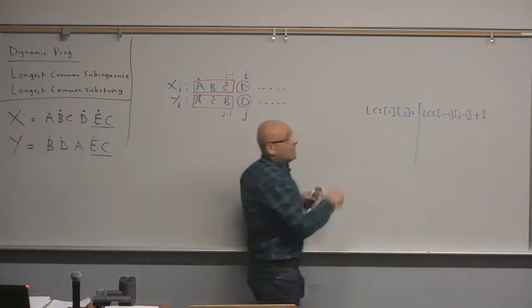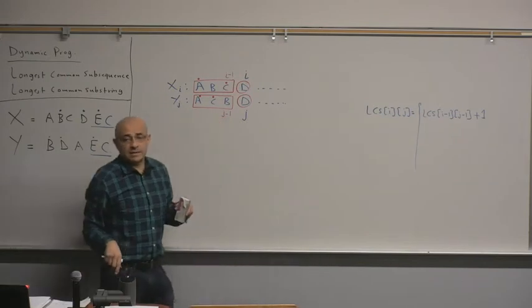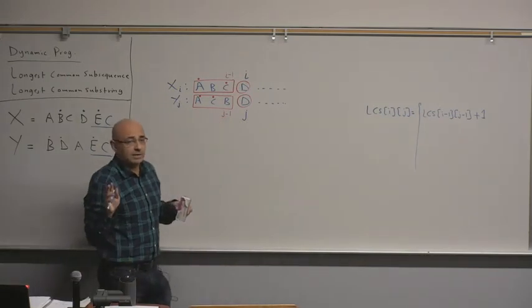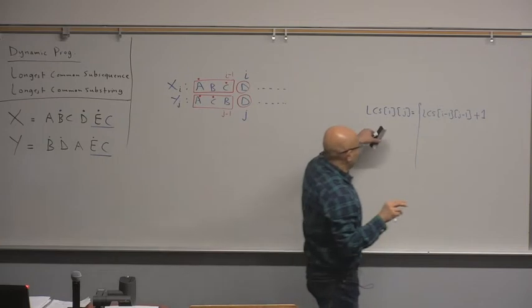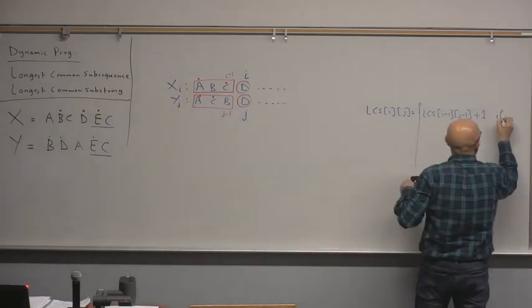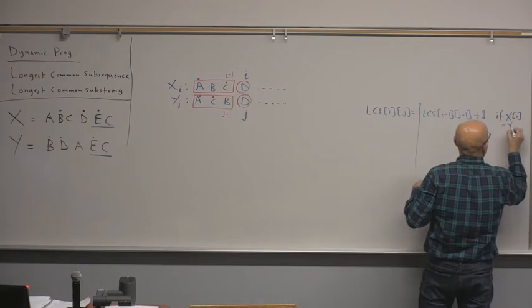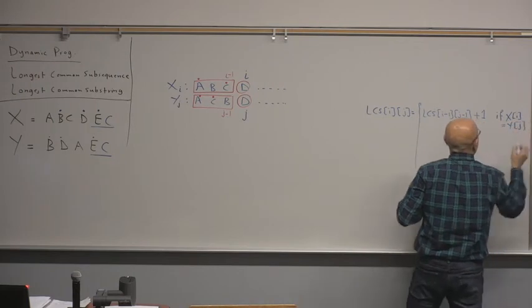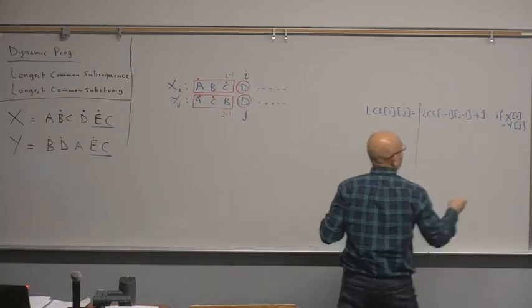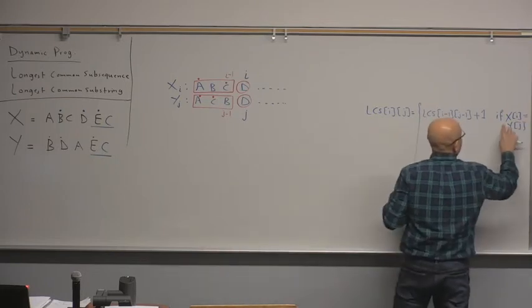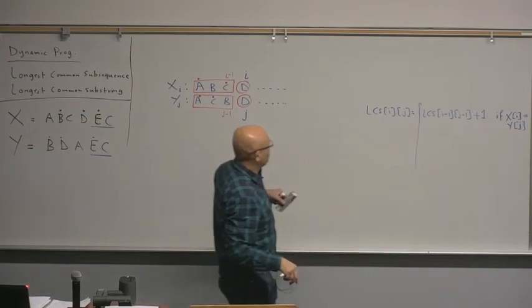So L here is the length of the longest common subsequence. It is the length, not the actual characters. This is the length of it. It is plus 1 if what? If x of I equals y of J.